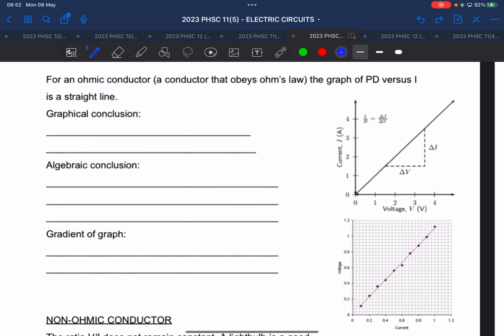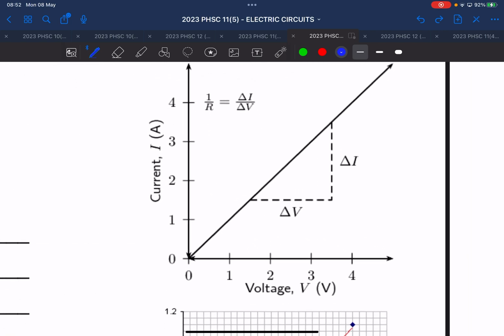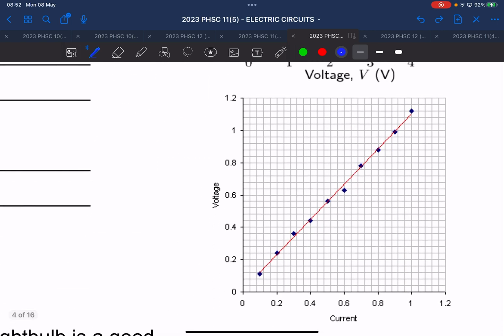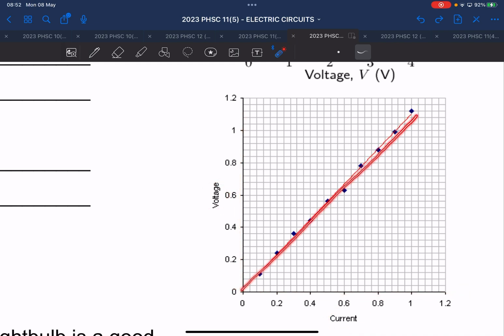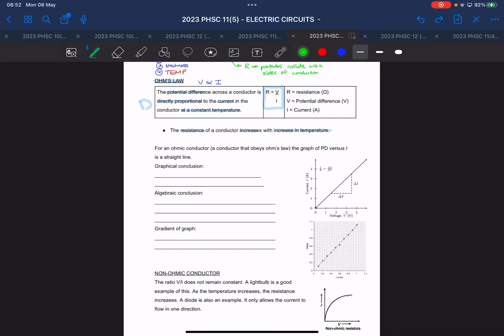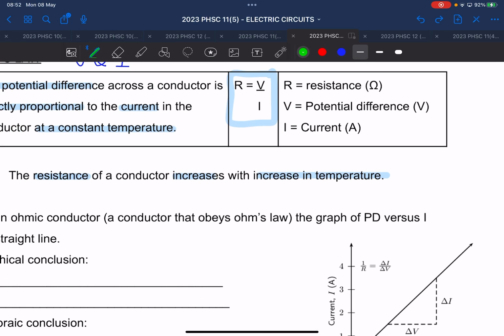So, let's look at what this graph gives us. I first want to look at the bottom one. See, there we have voltage on the y-axis and current on the x-axis. You see it gives us a straight line. What does a straight line tell us? What mathematical relationship can we get from it? Directly proportional. Now remember, we read from left to right, so that is how we read our graphs as well. When we compare our proportionality, we compare the y-axis versus the x-axis.